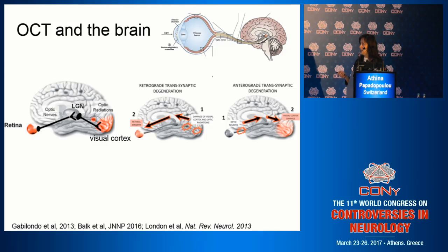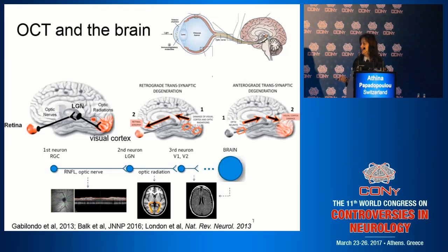So this leads to atrophy or to loss of axons and neurons in the thalamus and then also in the visual cortex. And the other way around, if we have damage, lesions, and loss of axons here in the optic radiations and the visual cortex, this can also cause an atrophy in the retina.